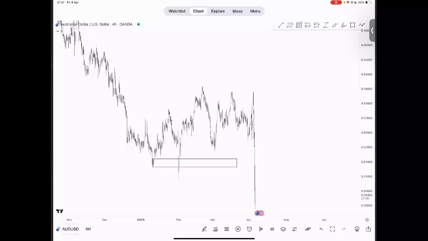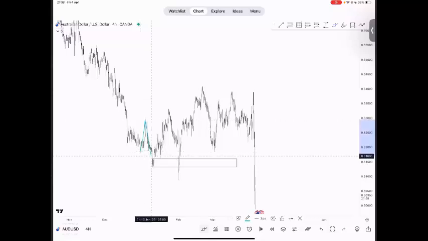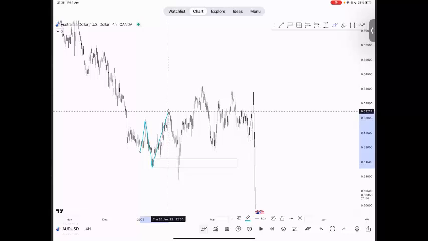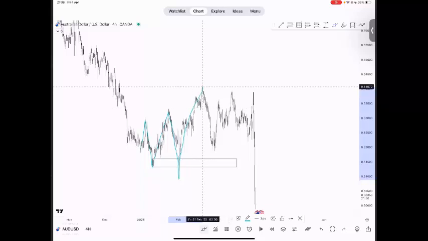Here's the thing. Price was on trend, right? And then it created this low, this high, this high. Do you understand? And then that low went to sweep this low and would continue to the upside.